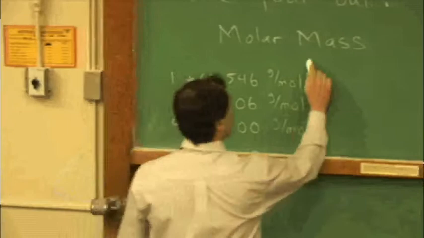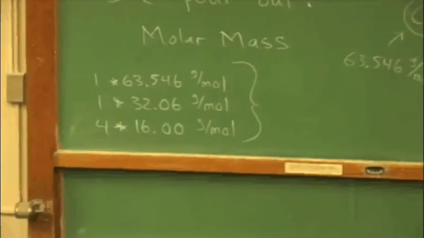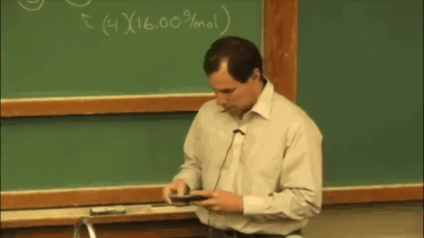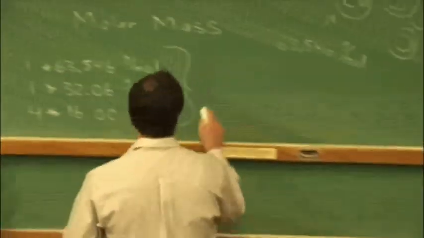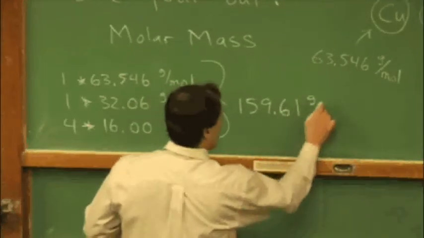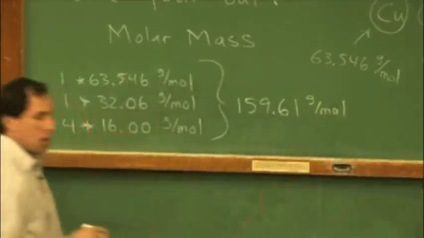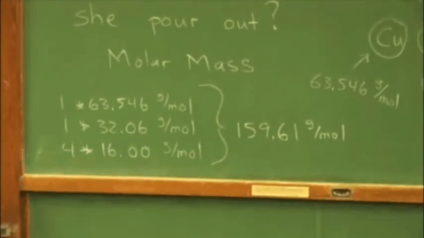We'll add these up together on the calculator. And we come up with 159.6. 159 point, let's go with 61 grams per mole, so that we go out to the hundredths place and maintain the correct number of significant figures.